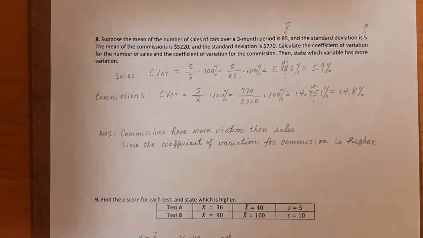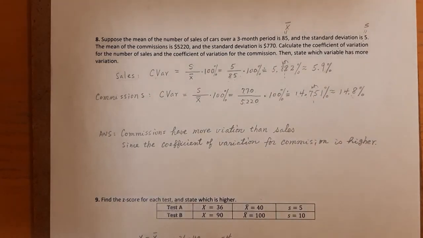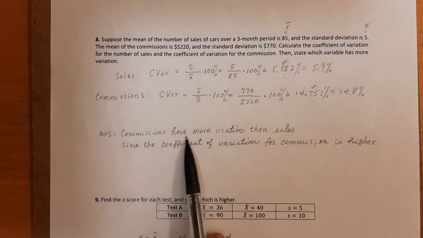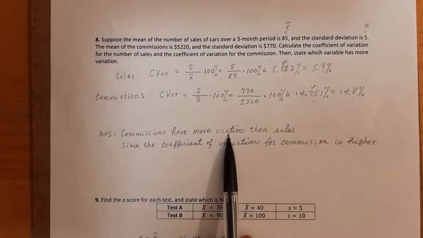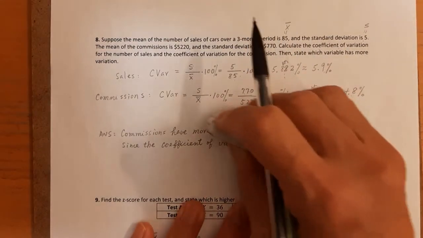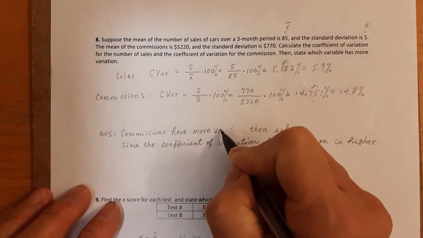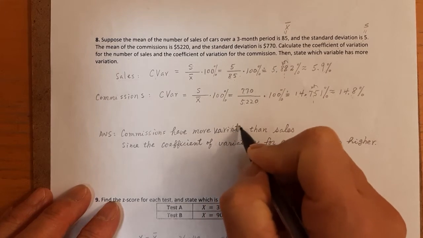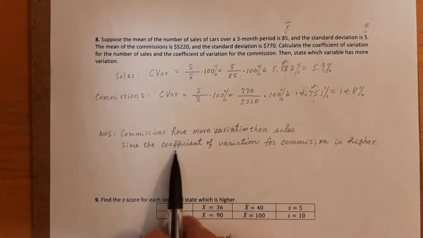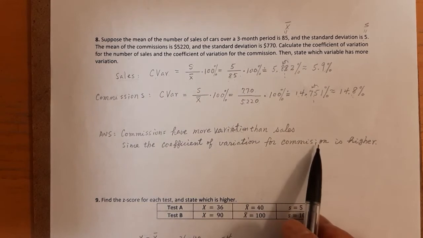Compare the 2 percentages. Commission is higher than sales. So we answer commission has more variation than sales, since the coefficient of variation for the commission is higher.